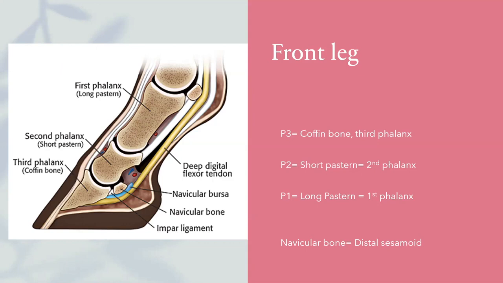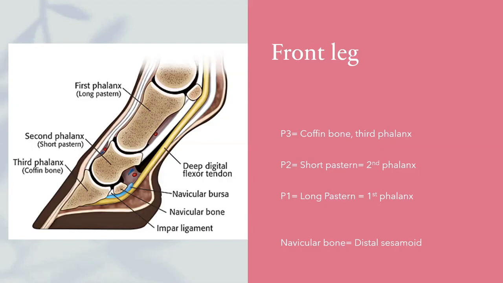We have distal and proximal. So when we're going to talk about the sesamoids, we have sesamoids that are distal and we have sesamoids that are proximal. So the proximal sesamoids you can see in this picture as well, but they're not pointed out. All right, so they're going to be up by that fetlock joint. So the distal ones, the distal sesamoid is going to be further away.